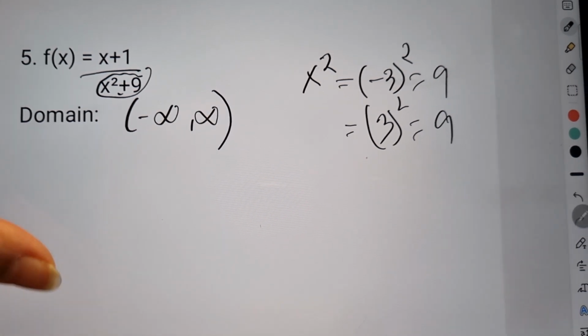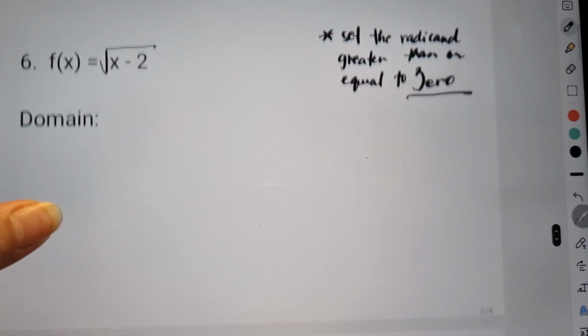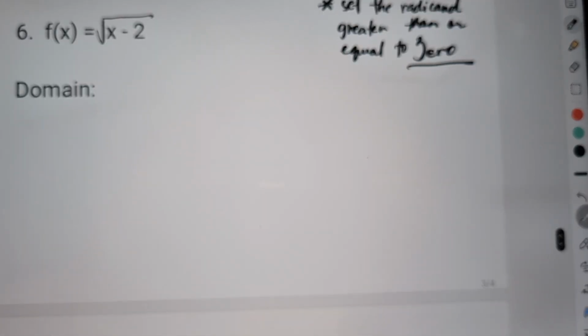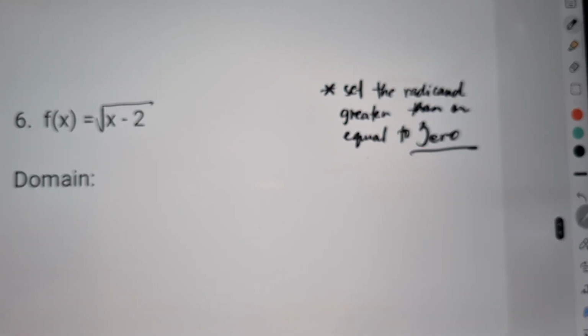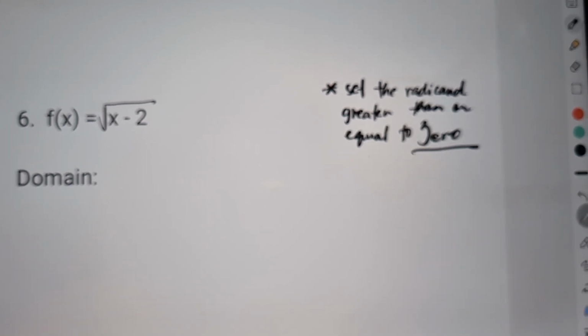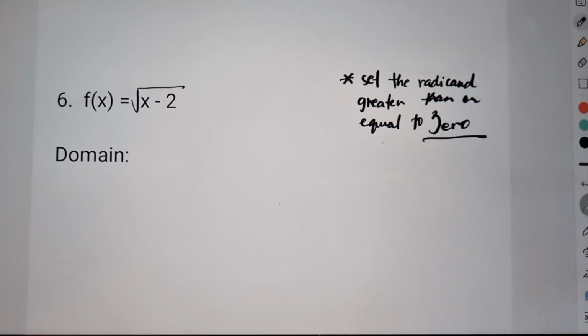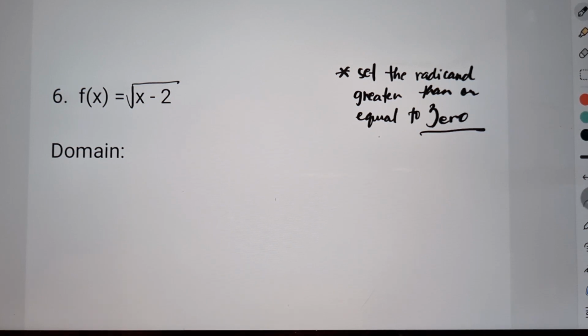Okay, next number. We have, look at this one, number 6. It involves radical. Okay? So we have here, f of x is equal to the square root of x minus 2. Okay. Now, ano ba yung restriction natin na magiging value ng x pag square root?